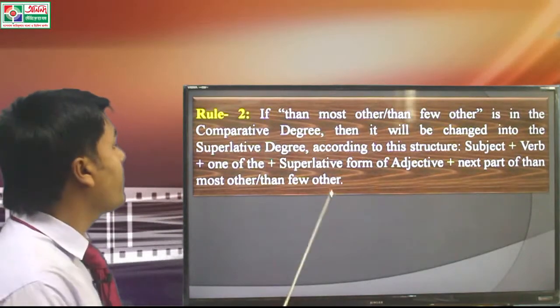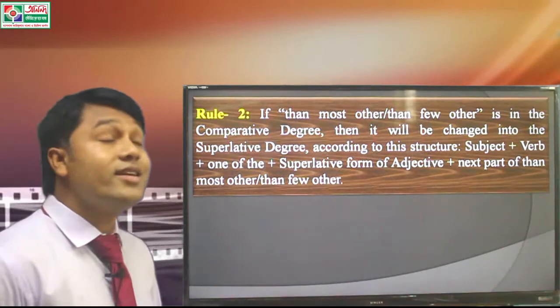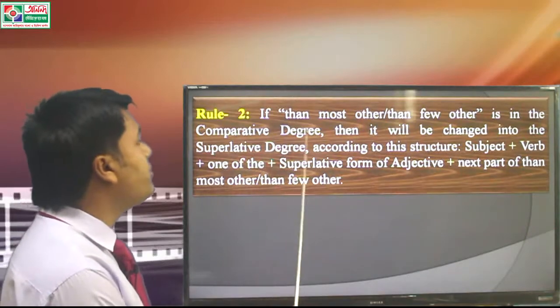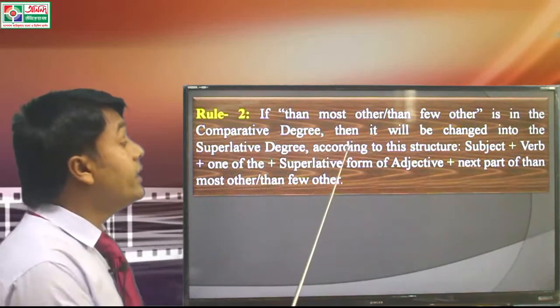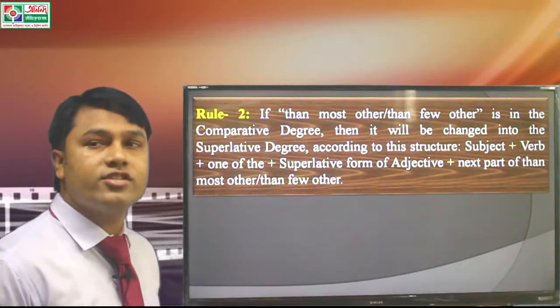Okay students. Rule number 2. If than most other or than few other is in the comparative degree, then it will be changed into the superlative degree according to this structure.